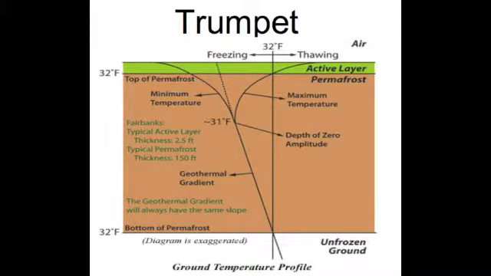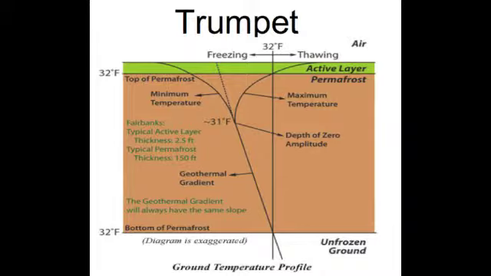And this is how it would look like in a different form, and you might have seen these also in materials, the trumpet curve, where you actually look at fluctuating temperatures based on a winter curve where it is cold near the surface, and a summer curve where it's warm near the surface, and everything that's warmer than 0 degrees Celsius or 32 degrees Fahrenheit is the active layer, and beneath it is the permafrost.